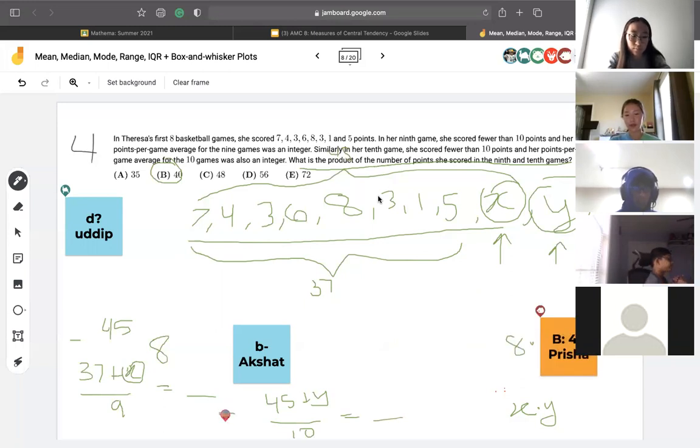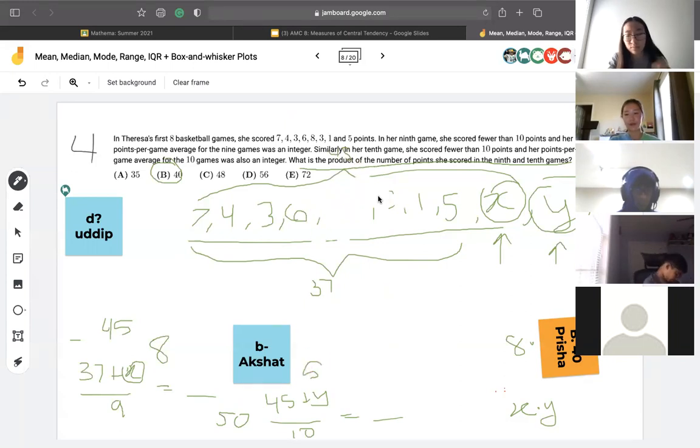We can't go higher than this, because then y wouldn't be lower than 10 anymore. If we go lower, it's impossible for her to score a negative score. So y has to be 5, since that's 50 minus 45.